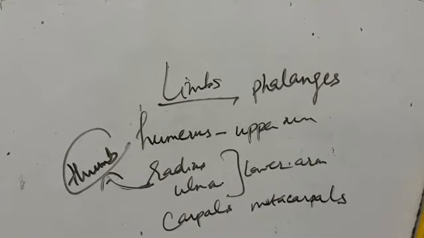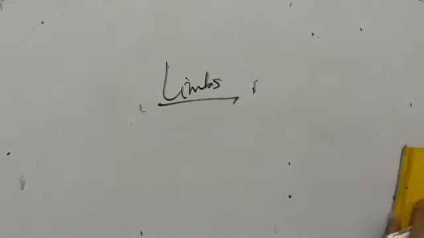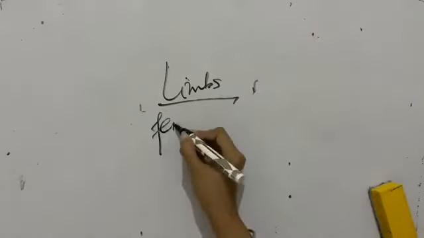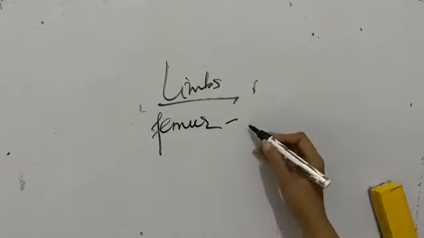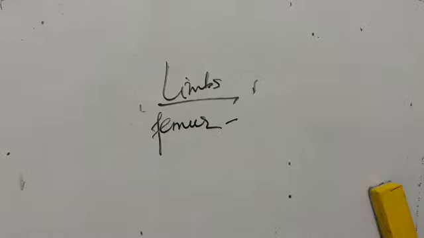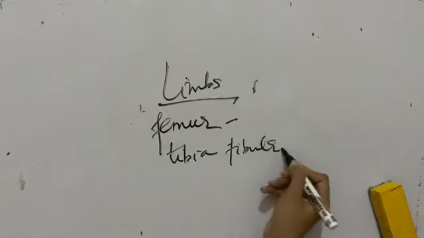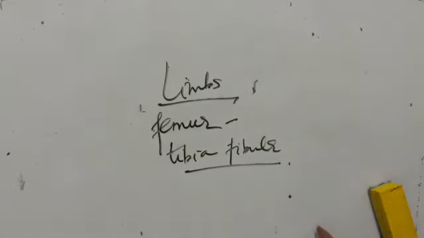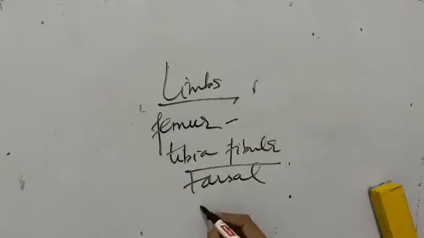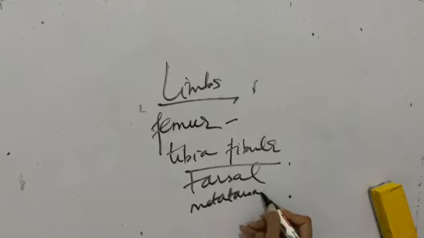Talking about the hind limb, legs. So legs are having one big bone, this is the largest bone, femur, present in the upper leg, also known as thigh bone, and after that is present the tibia and fibula, which are present in the lower leg, and then there are bones present in the ankle region known as tarsals, and then like the ones which are present in the palm, same bones are present in the foot region as well, known as metatarsals, and same like which were present in the fingers, same amount of bones are present in the toes, which are known as phalanges again.